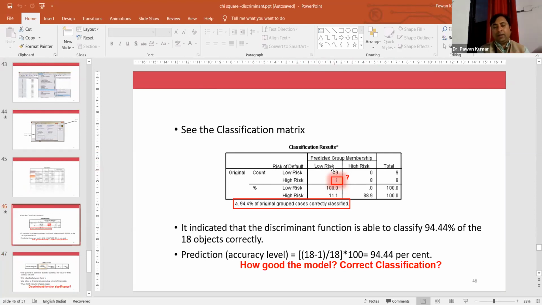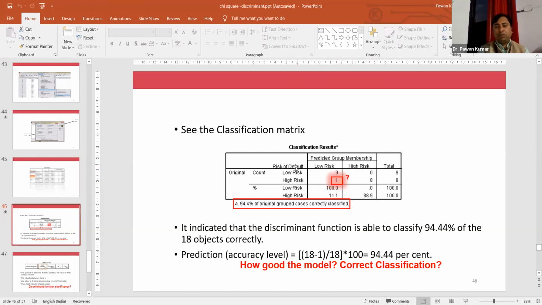Generally, you get two types of output here, like low risk and high risk, because I have two categories in my data set: low risk and high risk. The diagonal, meaning these 9 and 8, are correctly classified by the software, by the algorithm.